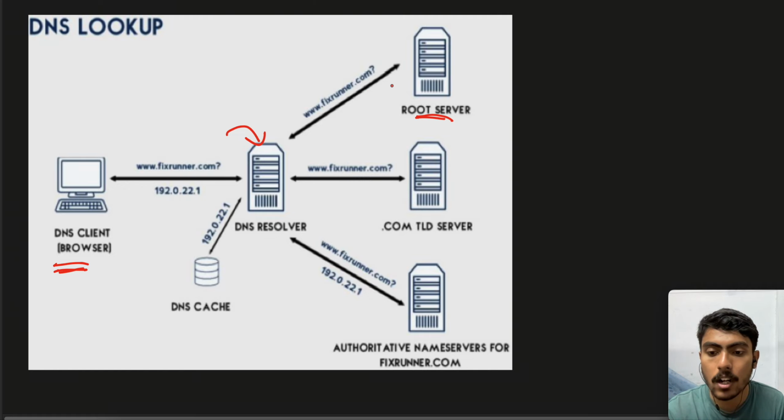The root server will say that it is .com, and that fixrunner.com has to be handled by a particular server, and the address of that server will be sent by the root server. Once it has this, it will send the request to the .com TLD server.